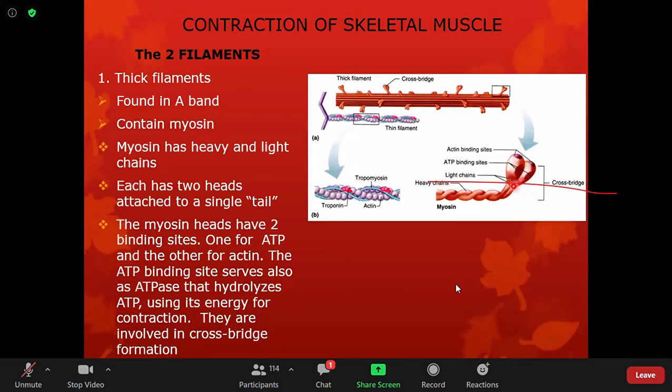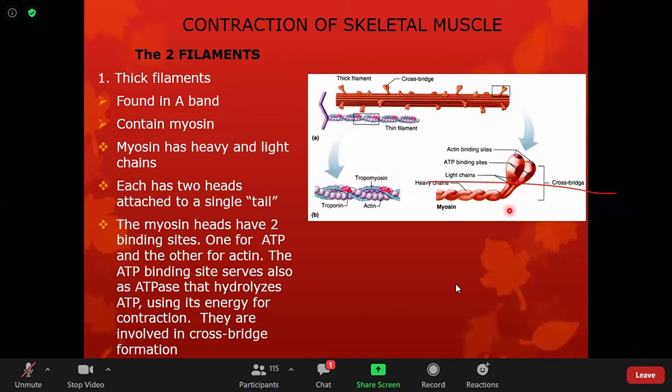The myosin head has two binding sites. The one that binds to the actin and the ATP binding site below. The ATP binding site serves also as your ATPase that hydrolyzes the ATP, using its energy for contraction, because you spend energy to contract the muscle.